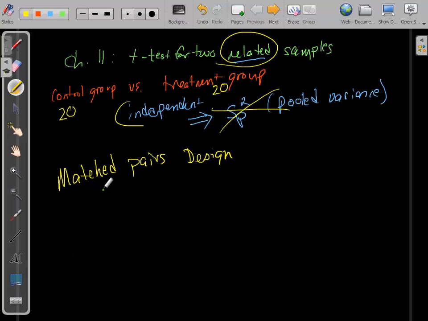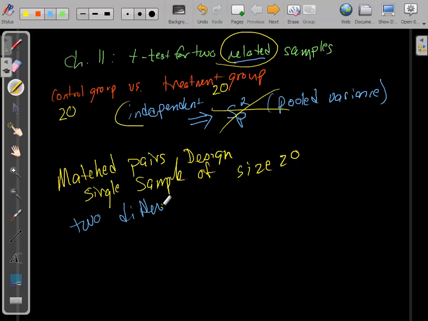For the matched pairs design, we're going to have a single sample of, let's say, size 20, and we're going to run two different treatments. And then we're going to compare the outcomes.